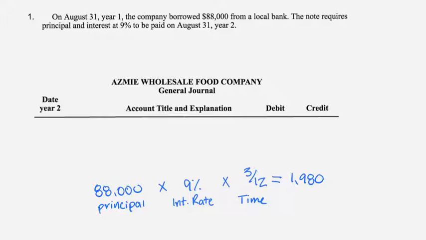So we will recognize that as interest expense for $1,980. It doesn't say that we are paying cash at this point because it's due August 31st, so we'll assume it's an interest payable, and we'll credit that for the same amount.